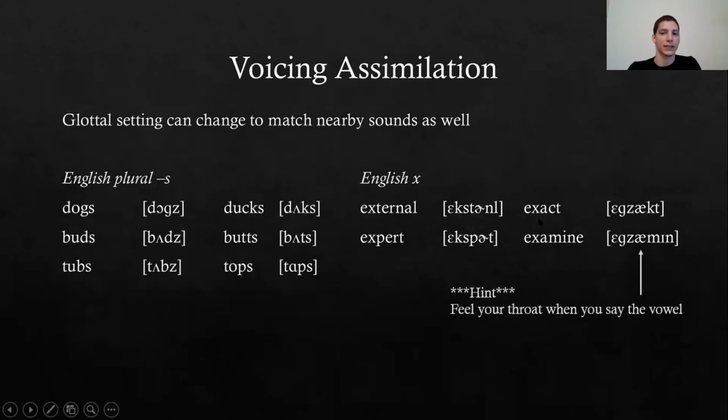But when we say "exact" or "examine," we make the G and the Z voiced because the sound after it, the vowel, is also voiced. So we have this difference in the pronunciation of the letter X as either "ks" or "gz," depending on the voicing of the sound after it. If it's voiceless, then we get "ks," and if it's voiced, we get "gz." So that's an example of voicing assimilation.